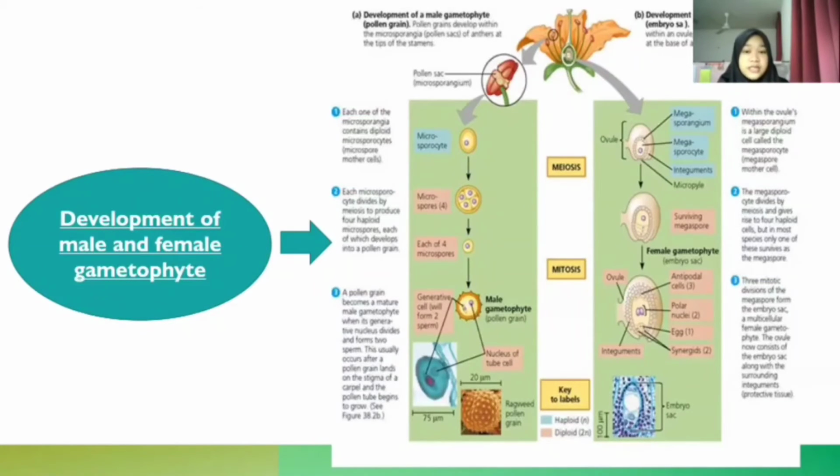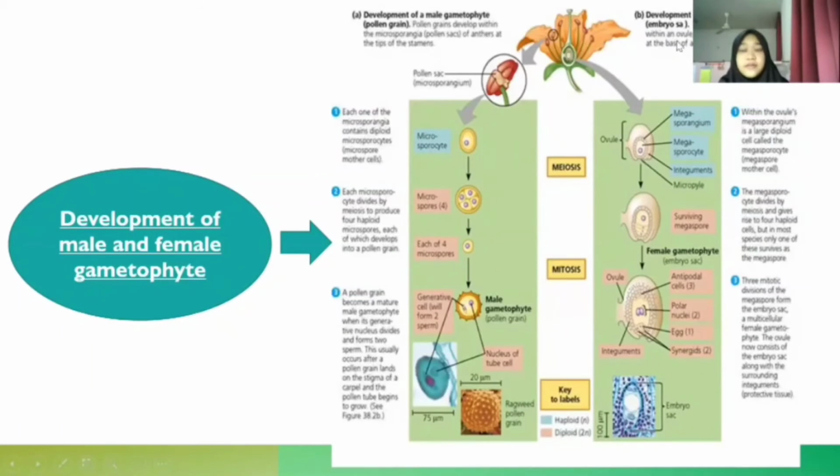A pollen grain consists of 2 cells, which are the generative cell and a vegetative cell, as well as a nucleus of the tube cell. When the male gametophyte reaches maturity, the generative cell will divide by mitosis to form 2 sperms. The tube cell, or the vegetative cell, will grow into the pollen tube.